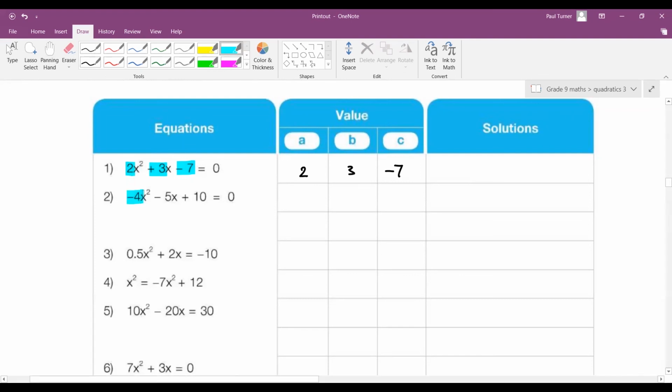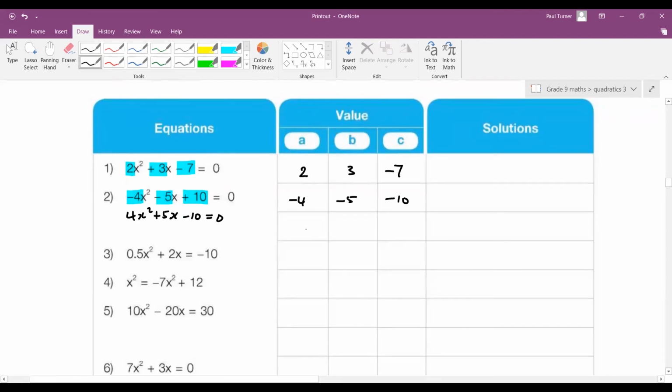So one here could be minus 4, minus 5, minus 10, okay? But what if you put them on the other side? You would have 4x squared plus 5x minus 10 equals 0, just by putting the terms to the other side.